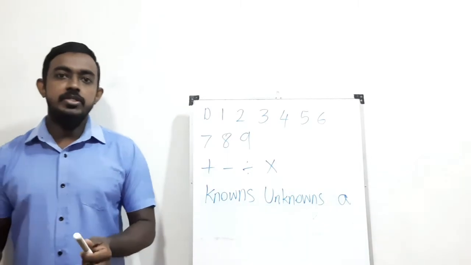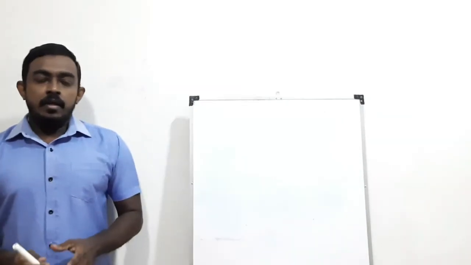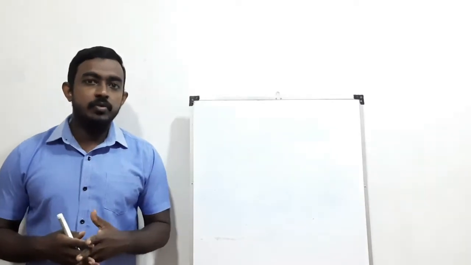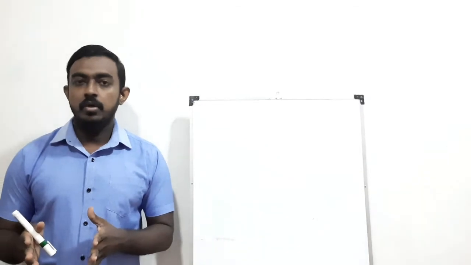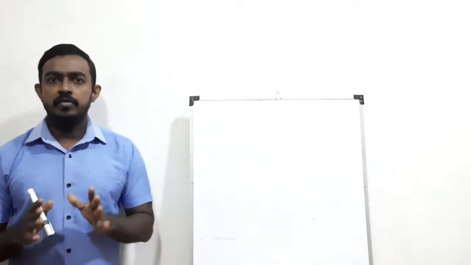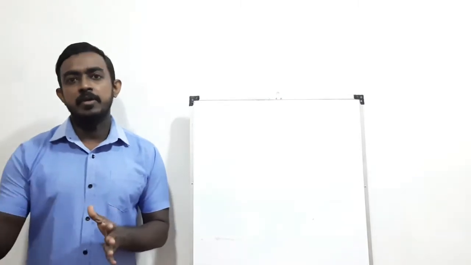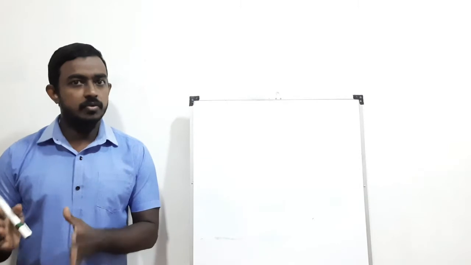Okay, now my dear children, shall we move on to the first exercise? Before we go to the first exercise, there is something you have to know. When we consider unknowns, imagine the previous example, the number of coconut trees in your area.